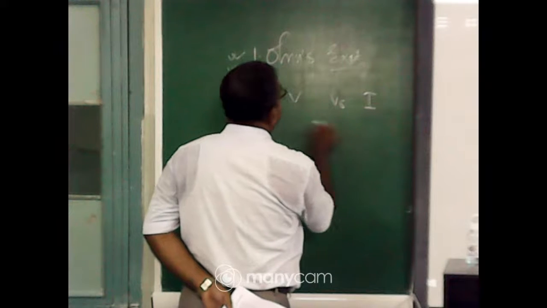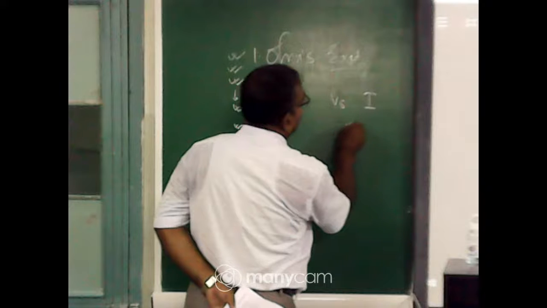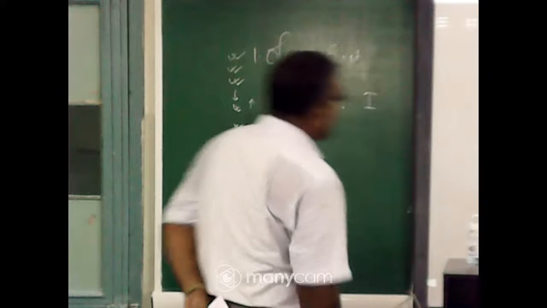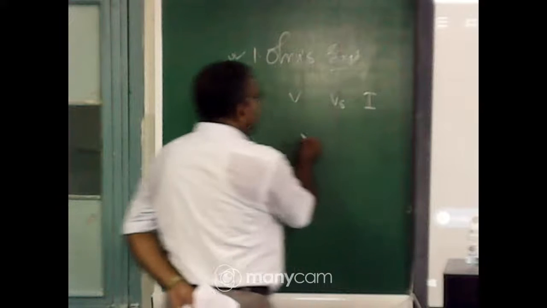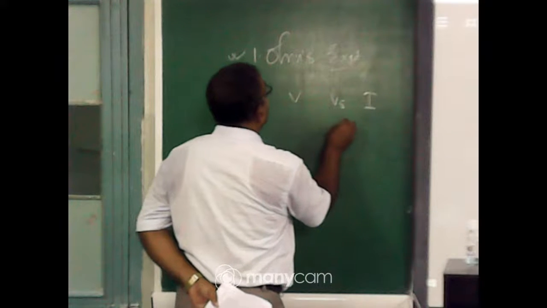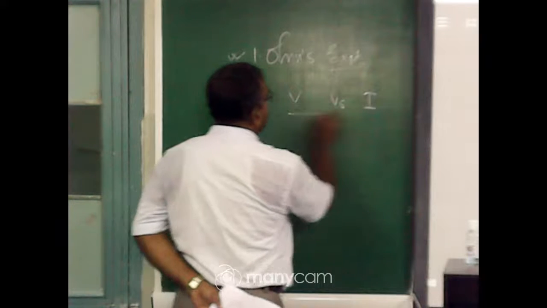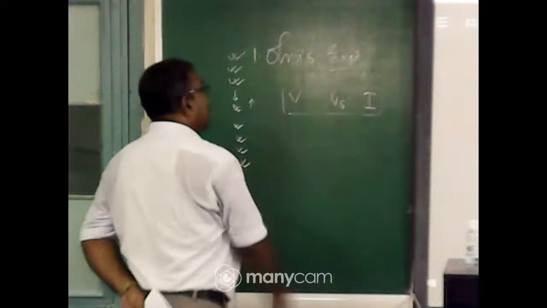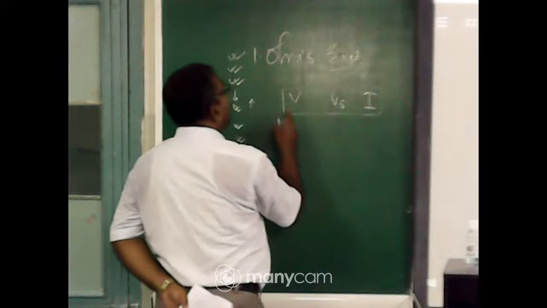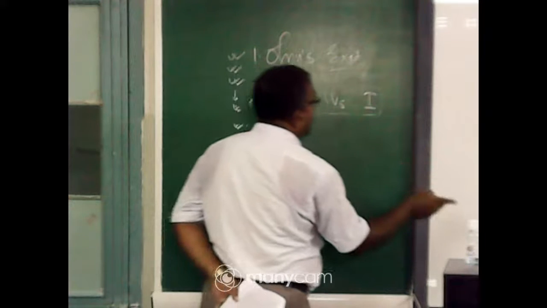You know it: temperature and other physical conditions remain constant. Then the potential difference between the two points of the conductor is directly proportional to the strength of its current. This is Ohm's law. You verify it with the help of the experiment.